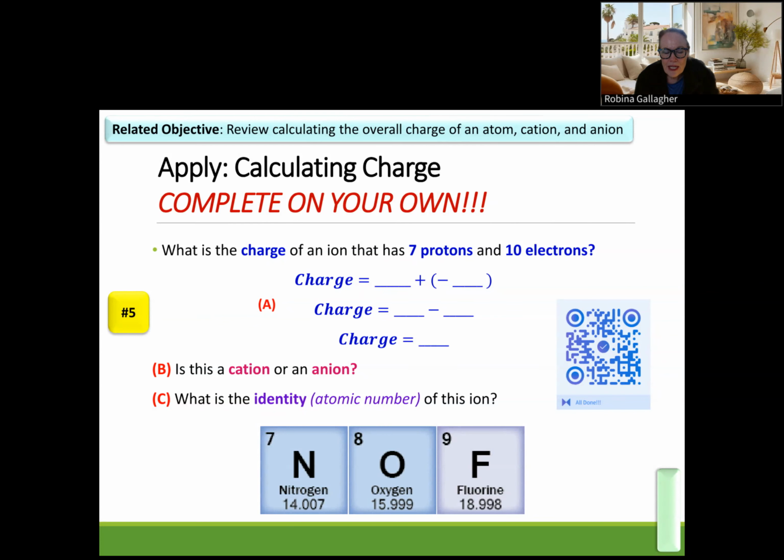Then you're going to tell me if this is a cation or an anion. Remember, it's a cation if this is a positive number, and an anion if this is a negative number. And then based off the number of protons, you're going to tell me, is it nitrogen, oxygen, or fluorine?